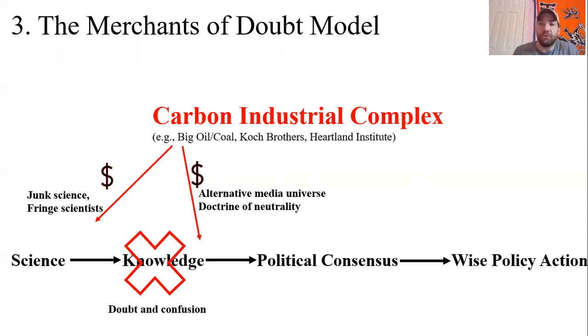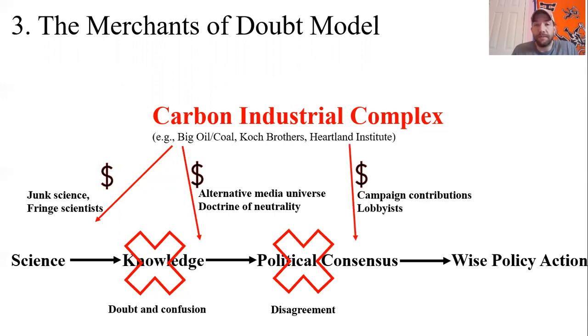And you have this doctrine of neutrality for traditional media, that if there's an issue, you have to cover what A said and what B said, even if B is not equivalent to A, right? So often you have these merchants of doubt taking advantage of that doctrine of neutrality and saying, no, you've got to represent our voice too, even though it's a fringe voice. So now you have disagreement, rather than political consensus.